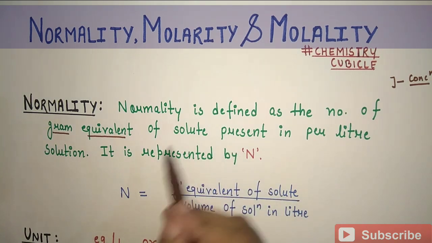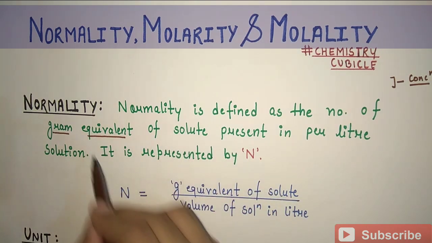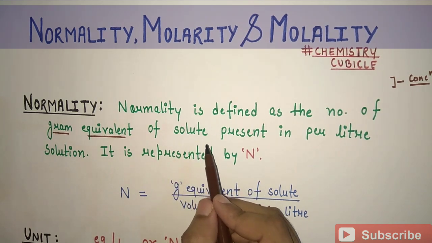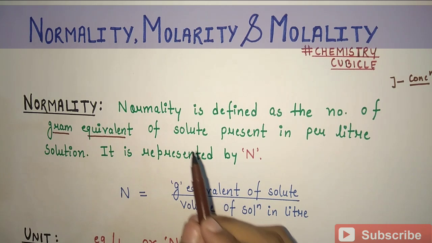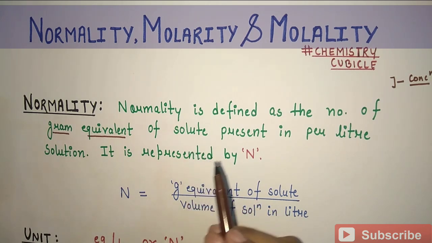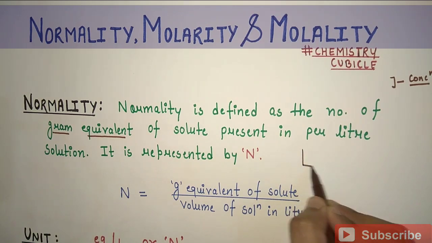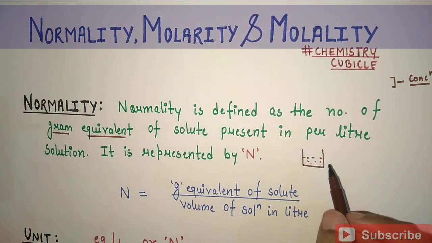What is the difference between moles of solute and gram equivalents of solute? When we use moles of solute, that means how many moles of a particular solute will be present in the solution.